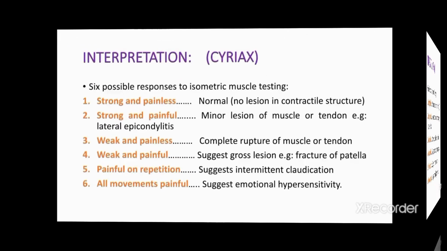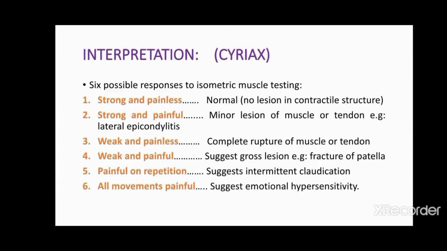So, there are six possible responses to isometric muscle testing, which were explained by James Cyriax. First of all, you should know what you will assess while performing this test on the patient. There are two things. The first one is pain, and the second one is the contraction in the muscle.